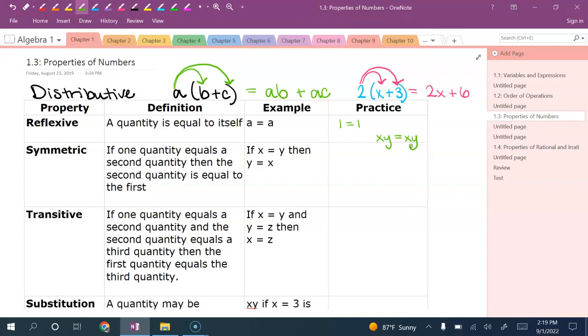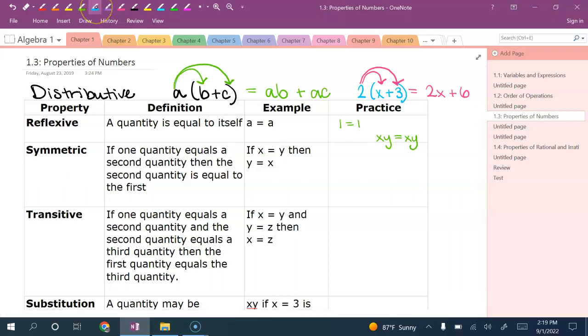Now, symmetric is similar to reflexive in that the items that you're dealing with on either side of the equal sign represent the same thing. They just maybe look a little bit different. And you can take the two items and you can switch them around. So, for example, if I had two quantities, x and y, and I'm saying that they're equal because they represent the same amount, I could take x and y and flip them around just to rewrite it if I needed to.